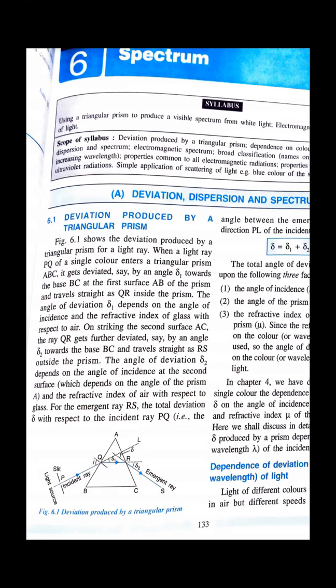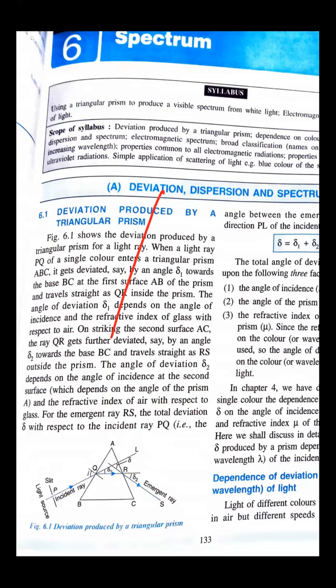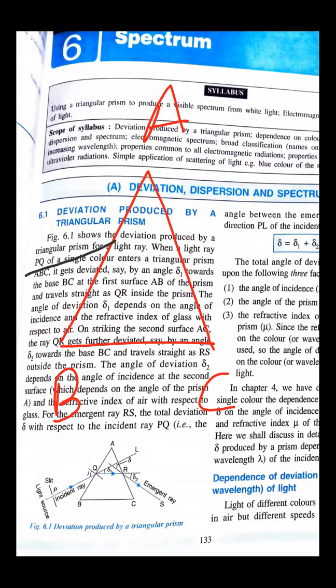So here, when you draw a prism this way, say this is A, this is B, and this is C, and you're passing an incident light, it moves towards BC. It moves towards the normal.